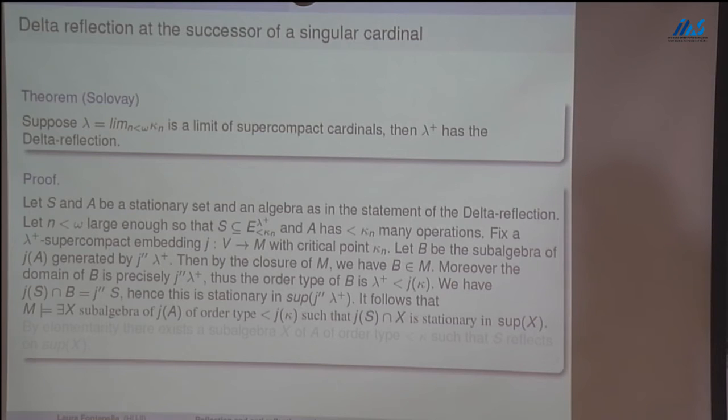And so by elementarity you get the result in V, namely there exists a subalgebra of A with order type less than kappa such that S reflects on the supremum of X. Okay, so this was not too difficult to see, and this is a key lemma towards the construction of a model in which Aleph omega squared plus 1 has the delta reflection.